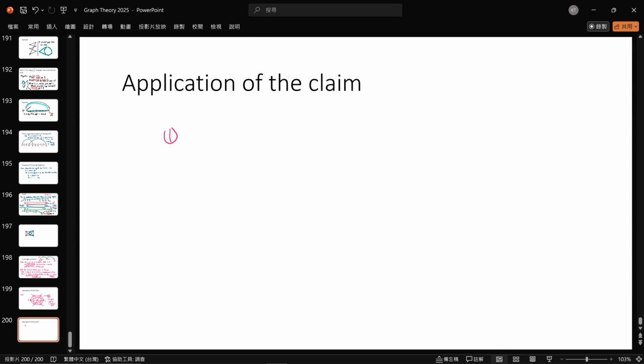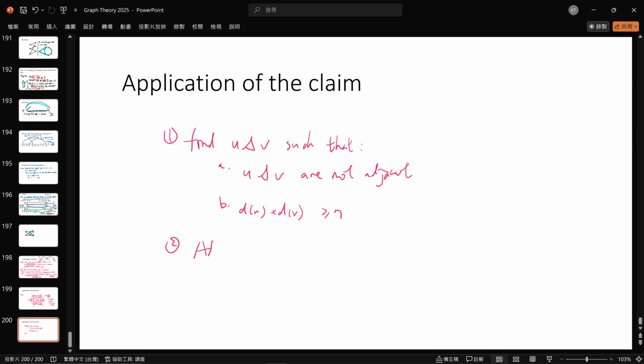Okay, so step 1, find u and v such that first, they are not adjacent, and second, the degree sum is at least n, okay? And we just add an edge, okay? And we repeat. Okay?